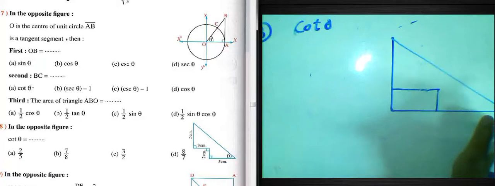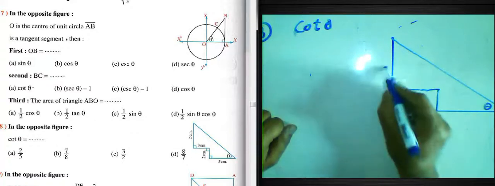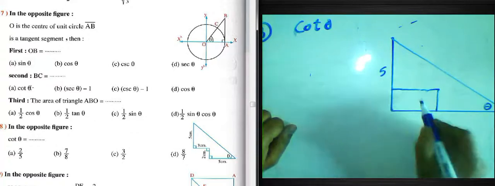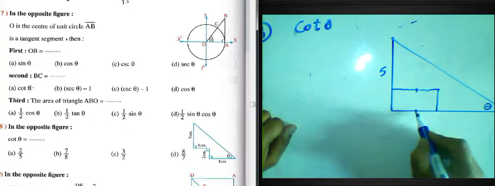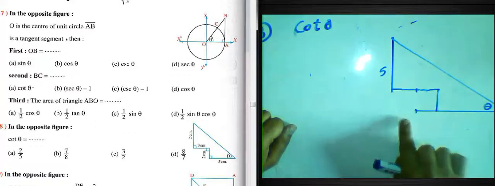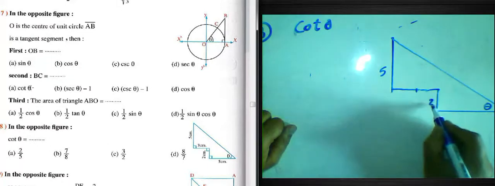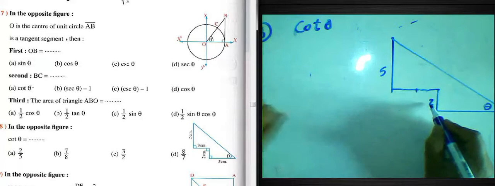You want to find cotan theta, it's theta, and this will be 5 centimeter. It's clear. It's 5 centimeter, and this 2 centimeter, and this 3 centimeter.